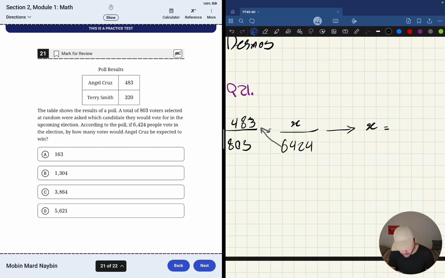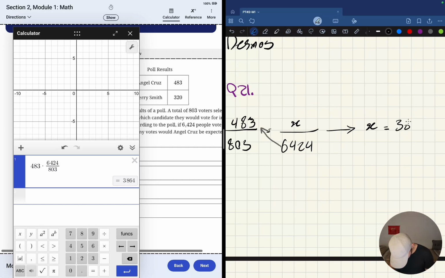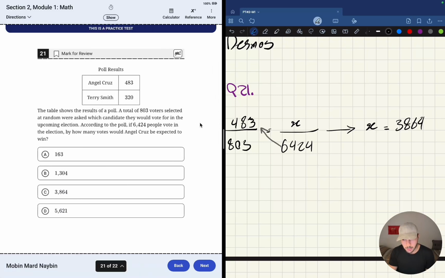So x is going to be 483 times 6424 divided by 803, which is going to be 3,864. Okay, so this is the number of votes for Angel Cross, and we see this choice in the choices.